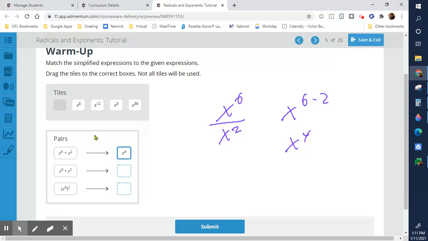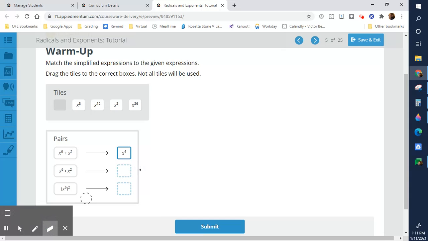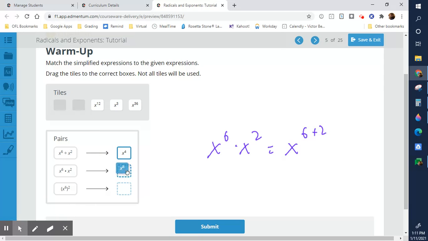All right, so now we're going to do multiplication, which we just described is when we add the powers. So if we have x to the 6 times x to the second, we're going to get 6 plus 2, so we end up getting 8. All right, and the next one we have is, I believe Edmentum calls it an exponent of an exponent.